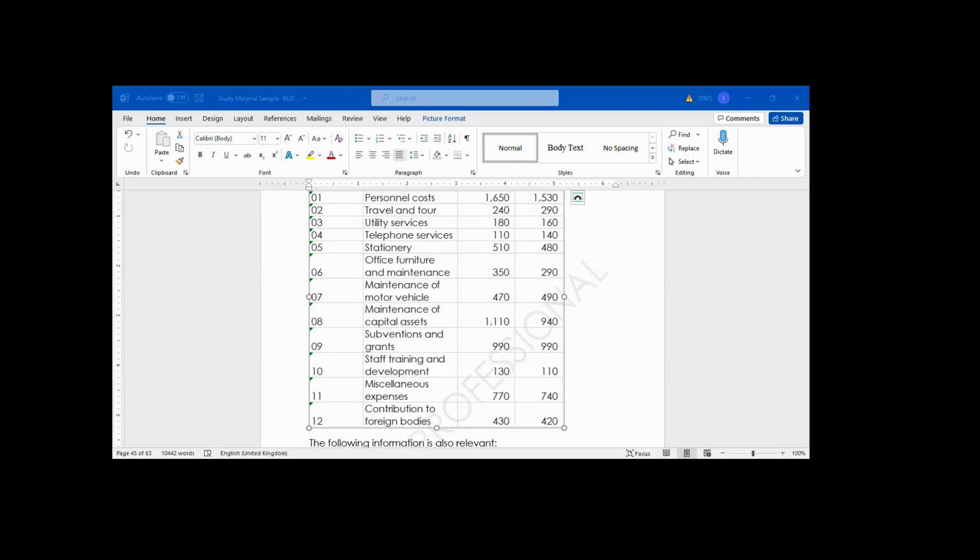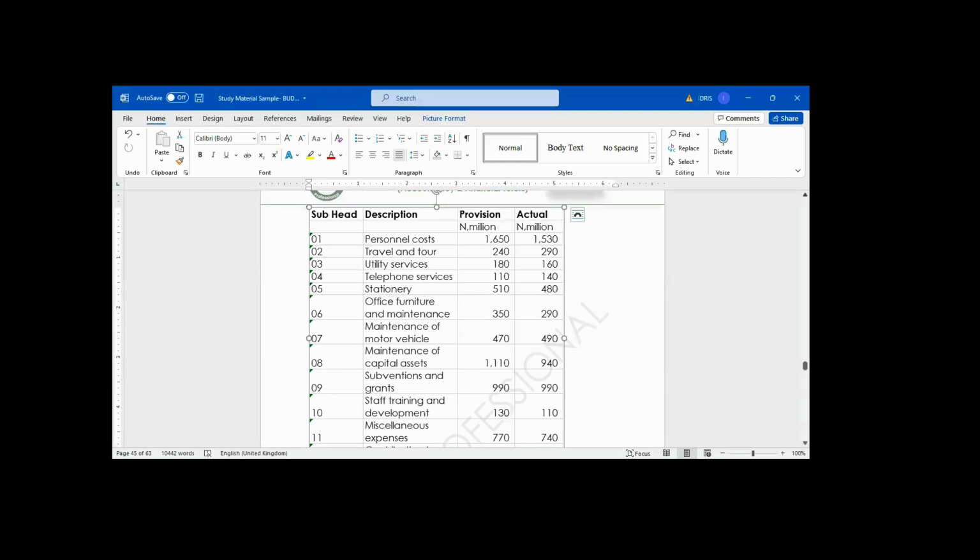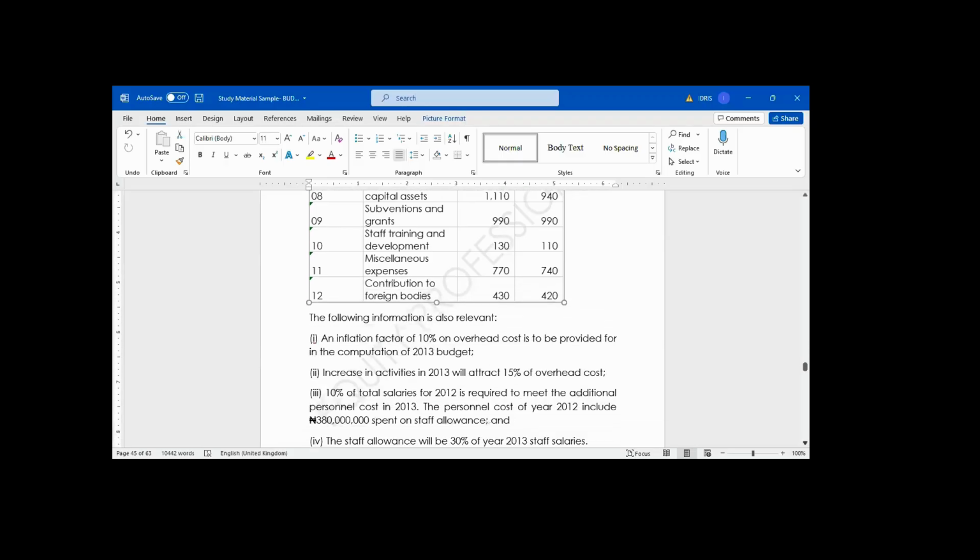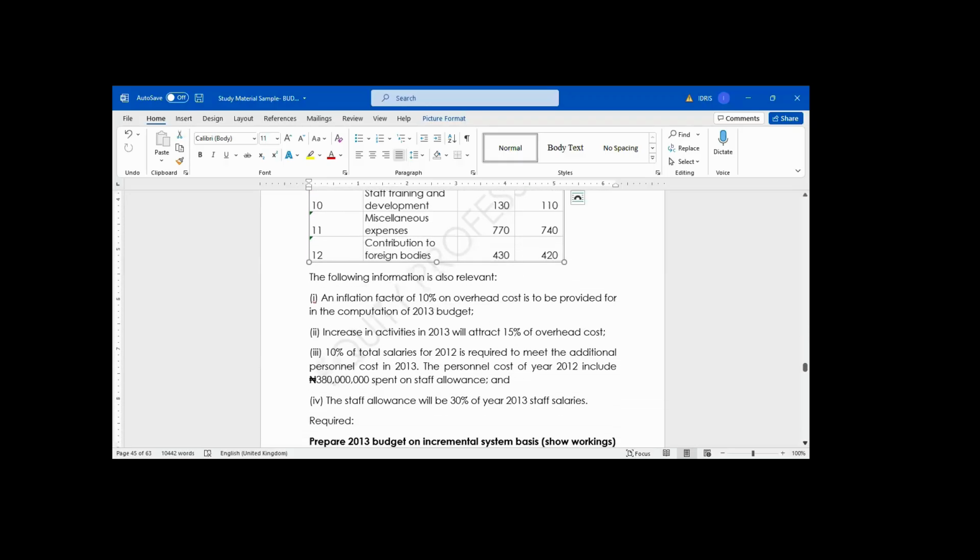Now, what affects the personnel costs? Let's go and read the notes. Note 3 only affects personnel costs. It says 10% of total salary for 2012 is required to meet up the additional personnel costs in 2013.